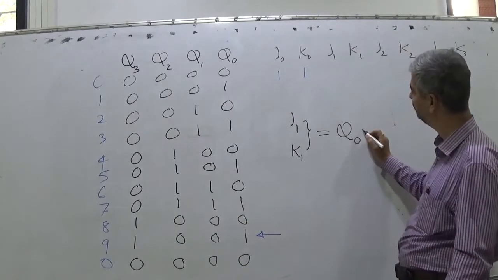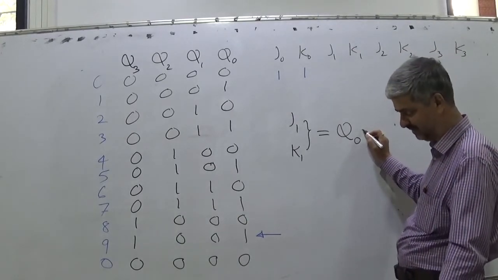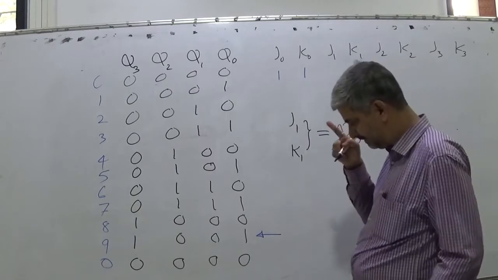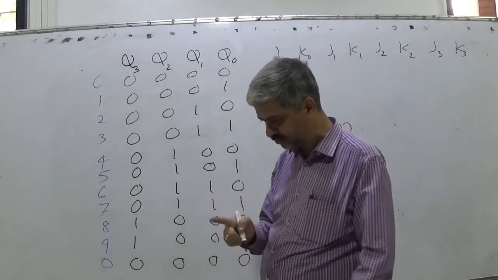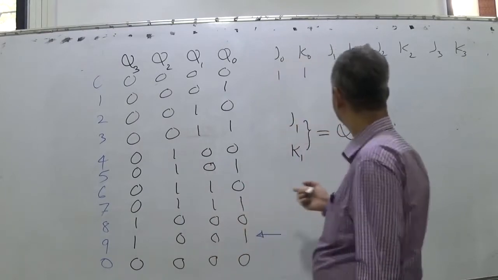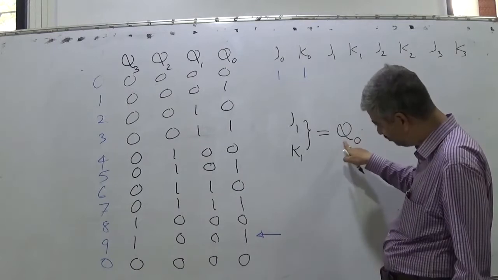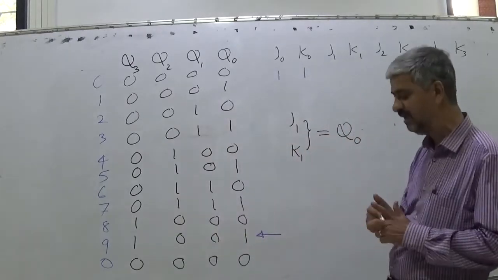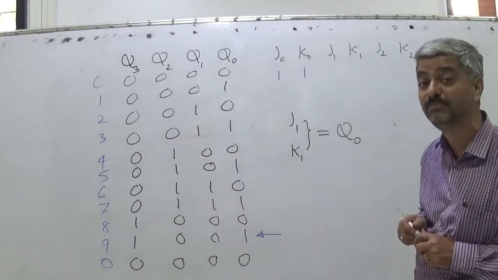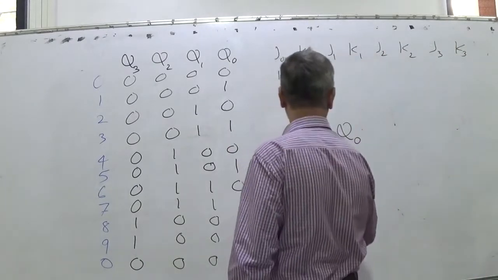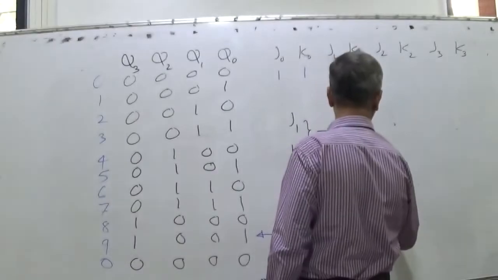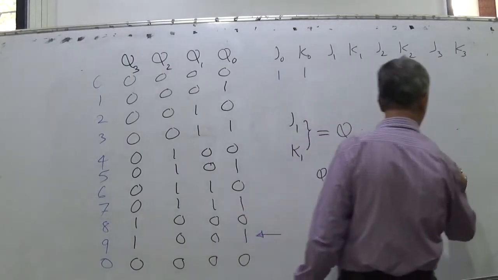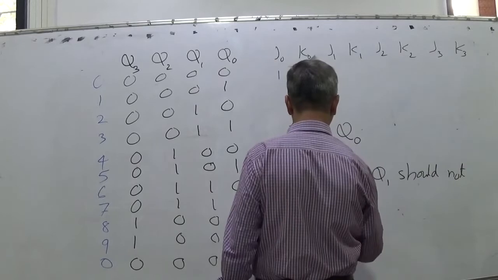So J1 and K1 should be Q0, but this should not be 1, 0, 0, meaning Q3, Q2, Q1 should not be 1, 0, 0. I am explaining in very simple words.